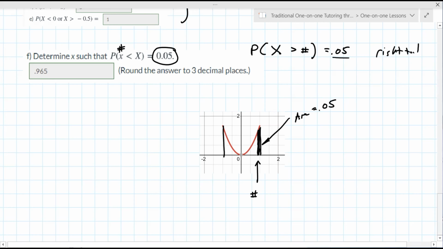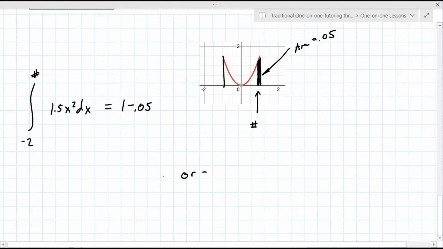So there are two possible integrals that you could write to do this. The first one is starting at -1 up to, I'll just keep using this number symbol because that'll be clear, of 1.5 x squared dx. This has to equal 1 minus 0.05, because if 0.05 is in the right tail, then how much is in the left tail? 1 minus that. Or you can do the integral from the number.